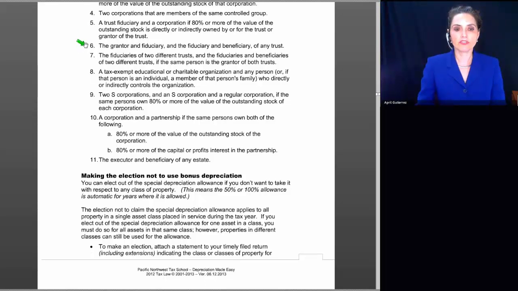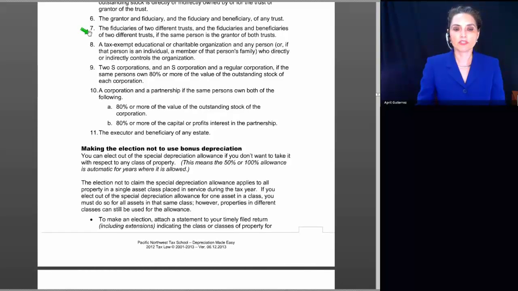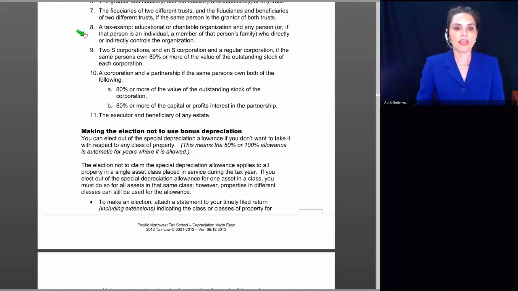The grantor and the fiduciary and beneficiary of any trust. The fiduciaries of 2 different trusts and the fiduciaries and beneficiaries of 2 different trusts if the same person is the grantor of both. A tax-exempt educational or charitable organization and any person, or if that person is an individual, a member of that person's family, who directly or indirectly controls that tax-exempt organization.